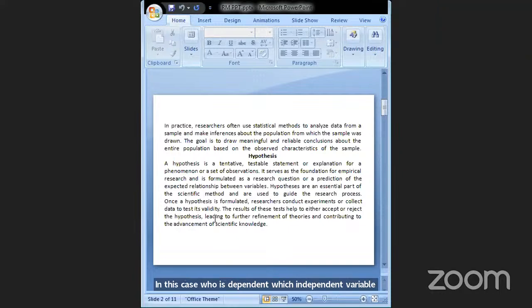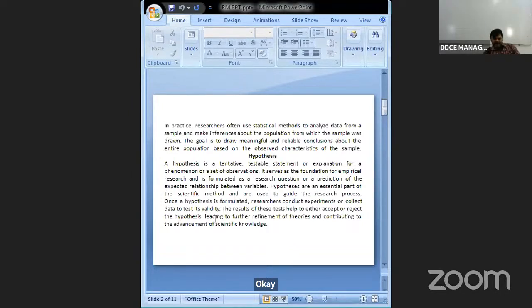The question, please. My research hypothesis is that there is an impact of social media in business growth or decay. I don't know, but I have an observation that there must be some impact of social media. So here, who is dependent, who is independent?